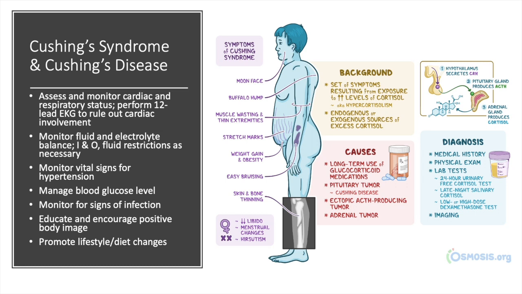Obvious signs of infection, of course, would be masked with corticosteroids. So take note of subtle signs, monitoring for fever, and vital signs in general. The client with Cushing's syndrome should be reassured, though, that the physical changes of this particular disorder do resolve with treatment.